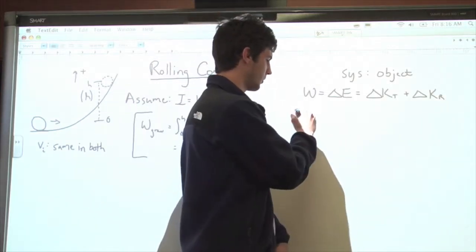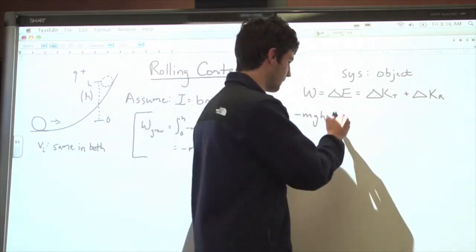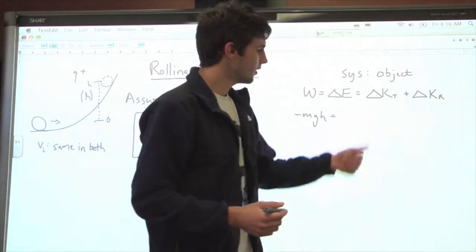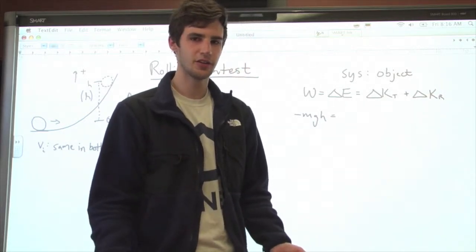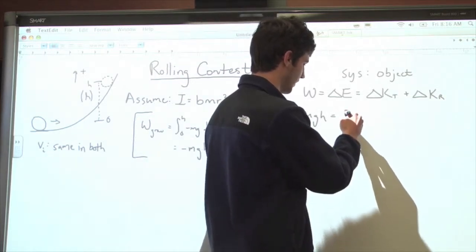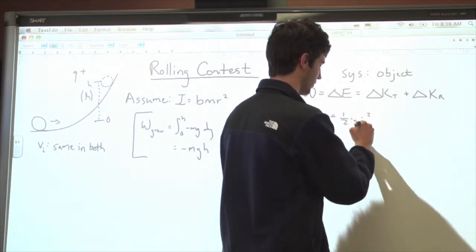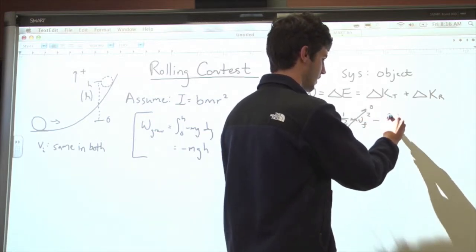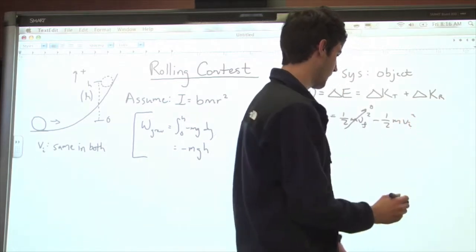So we already found that work is minus mgh. We don't know h yet, but that's fine. Delta K translational: I know v final is 0, so final kinetic energy is 0, but I know the initial, so I'll go ahead and write it for completeness: 1/2 m v final squared, which goes to 0, minus 1/2 m v initial squared.